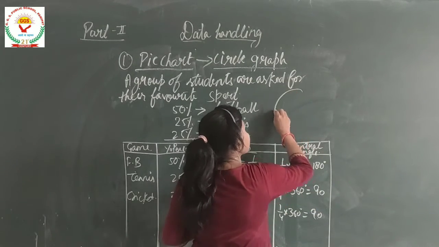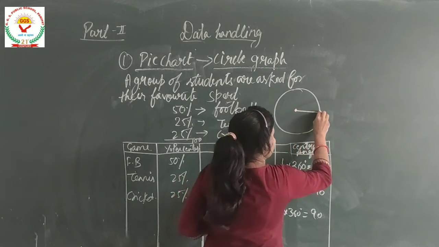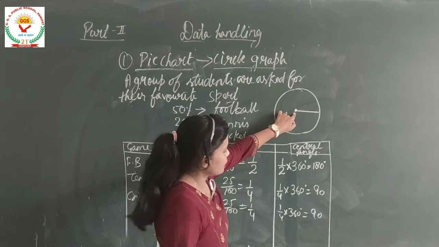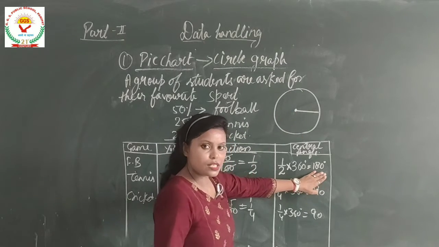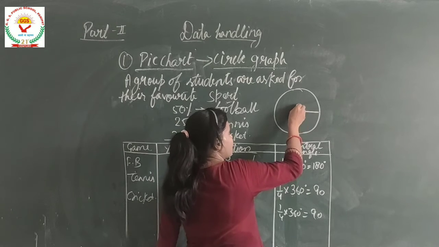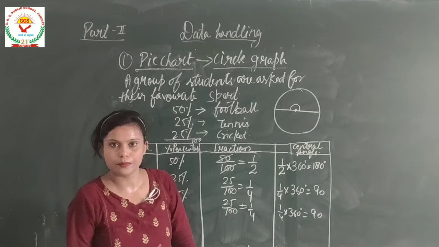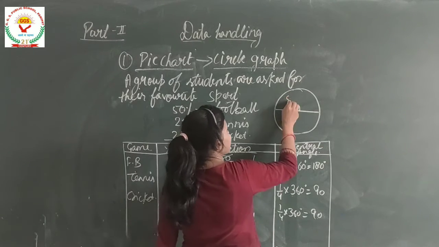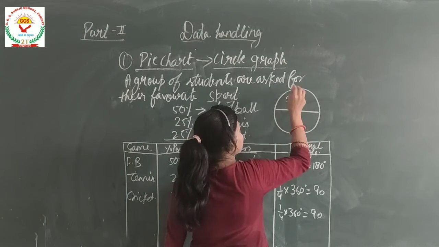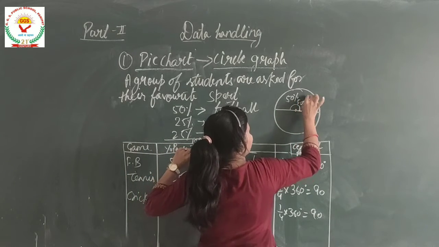Now we will draw the circle and the radius, and with the radius we will draw our first angle. If I construct the first angle, that is 180 degrees, I will get another straight line. It represents 50% of the data, which is football.